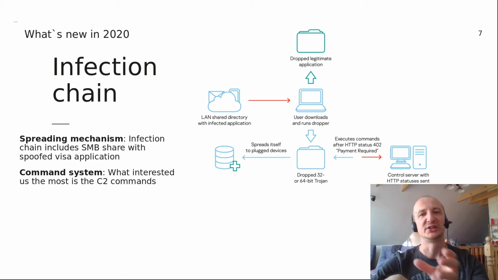The malware delivered with a spoofed visa application would run the normal, original application, and in addition two versions of the Trojan would be delivered, a 32-bit version and a 64-bit version as well. They are also able to drop files to a plugged USB device and, for sure, communicate through HTTP.